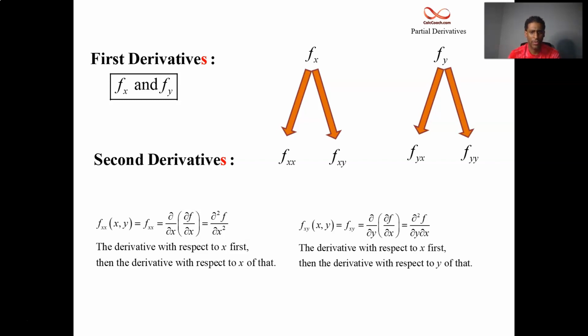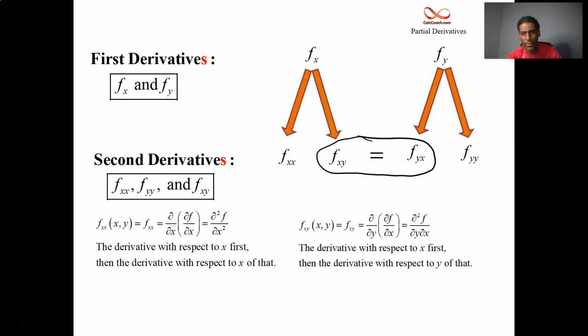Okay, so through a theorem called Clairaut's theorem, we find out that these mixed partials are equal to each other. Should probably circle that so you can see what I'm saying. Just these two guys.